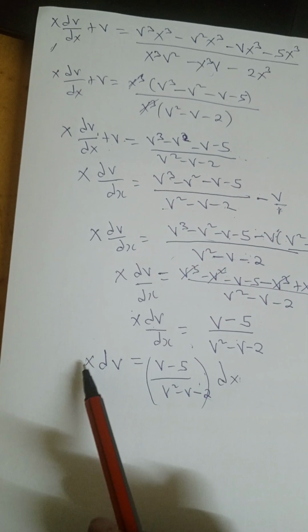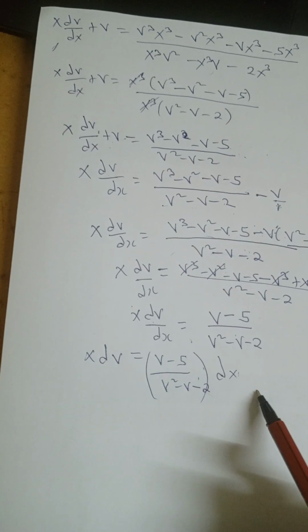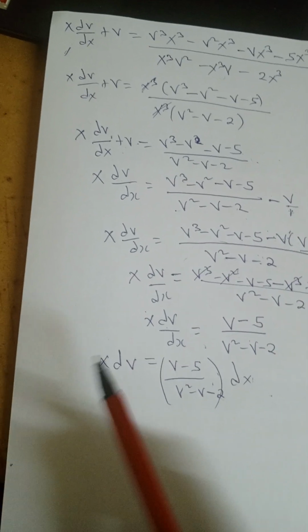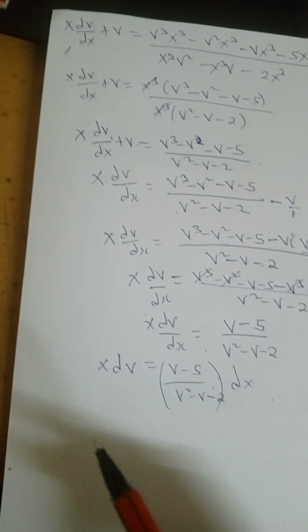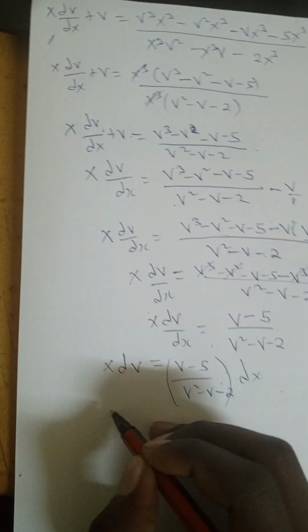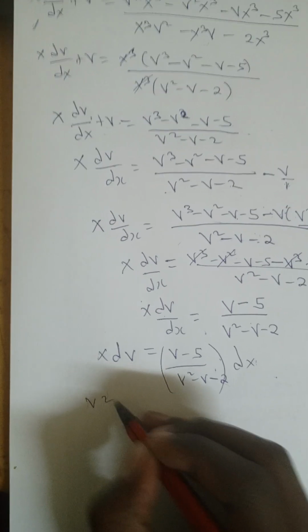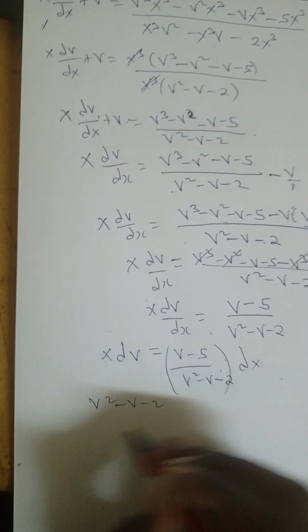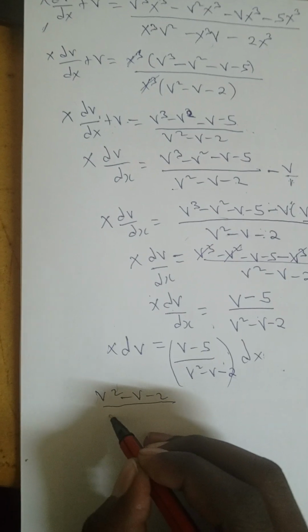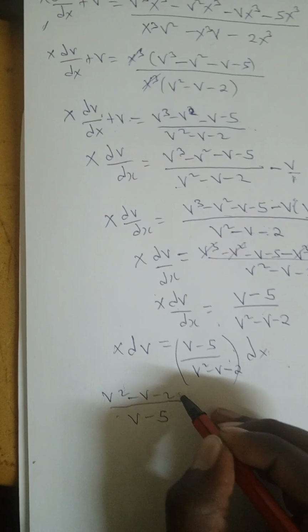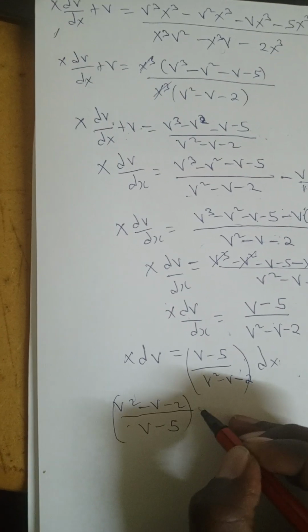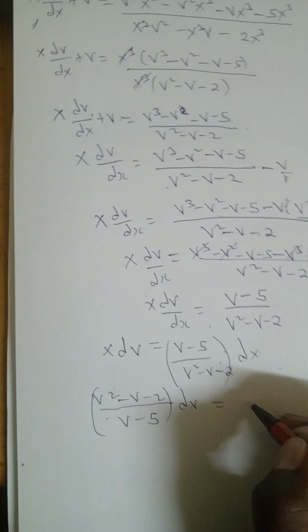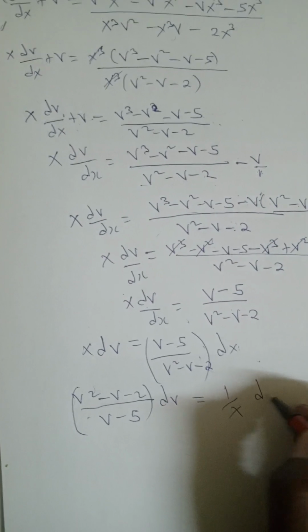For this one, for us to remove x from this side to the right side, we just need to multiply by 1 over x, which is a reciprocal as well. So what we are going to have finally is v squared minus v minus 2 over v minus 5 dv equal to 1 over x dx.